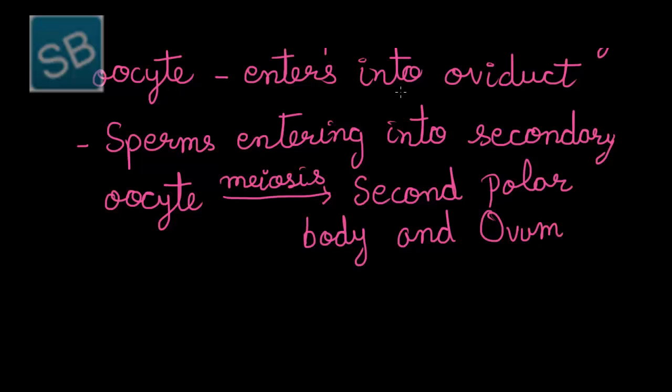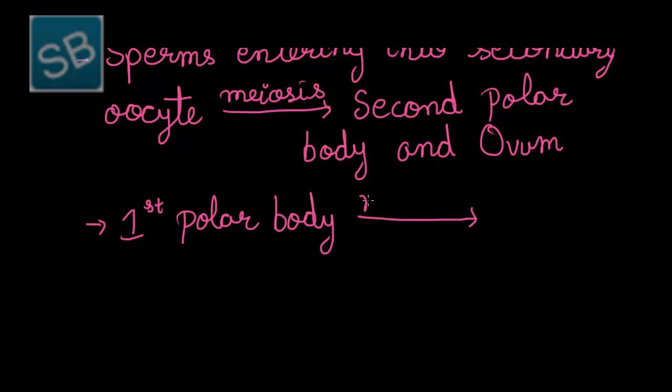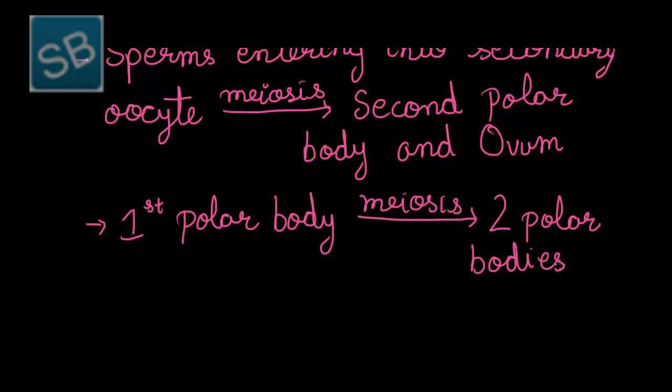In the same way, the first polar body that was formed during the first meiotic division undergoes a second meiotic division to produce two second polar bodies. Thus, the first polar body after undergoing meiosis forms two polar bodies. However, this is the case only if sperms enter the secondary oocyte.